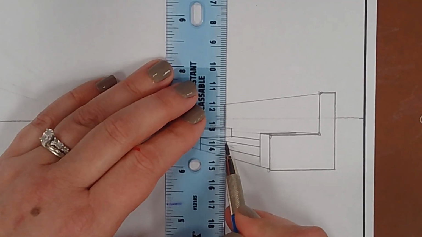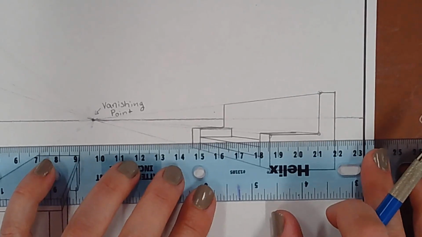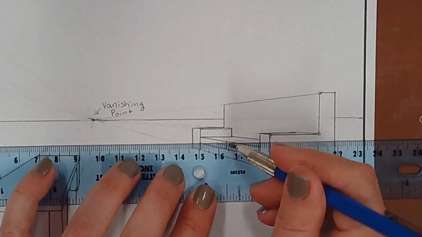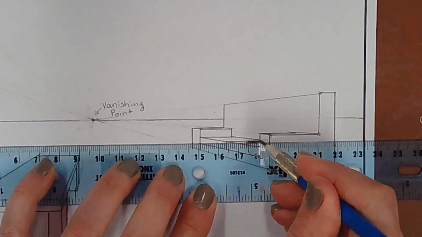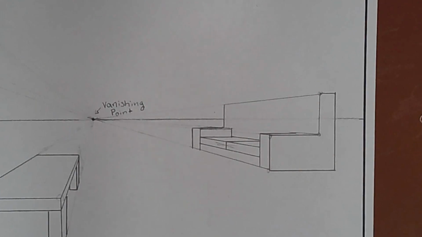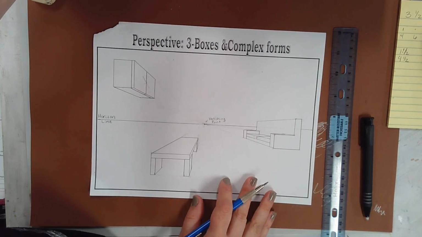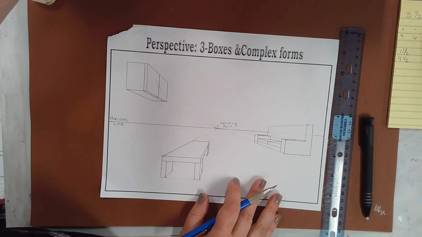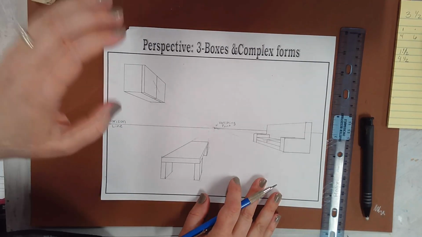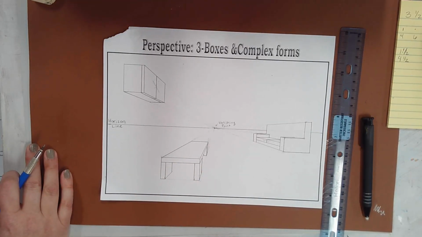It goes to right here, and then it's parallel to the horizon as it goes back. Okay, and that will make your completed 3-box and complex forms practice.